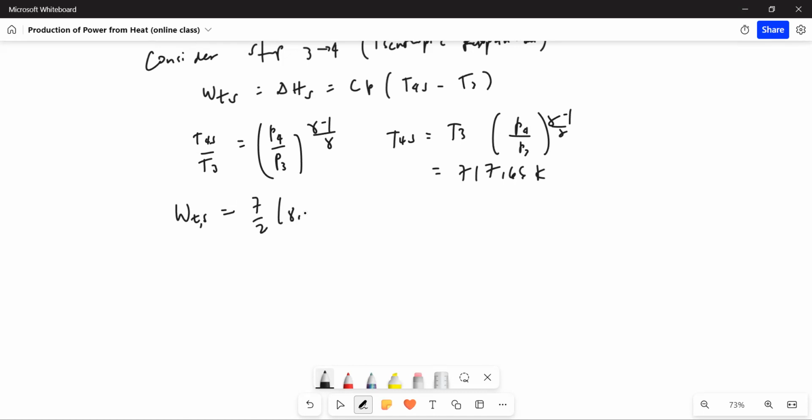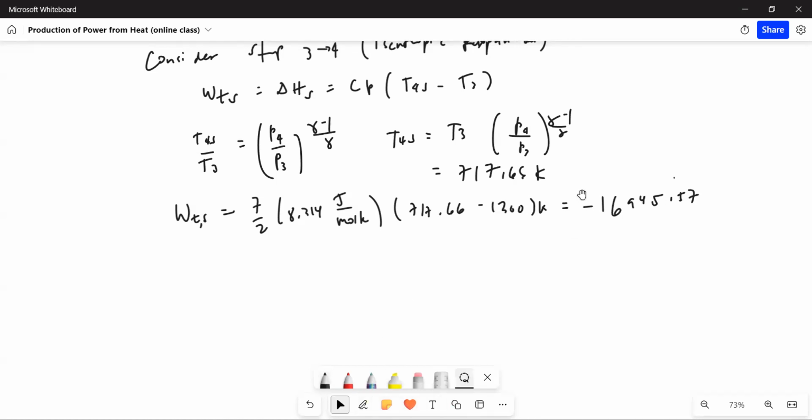Substitute Cp, 8.314, and delta T, 717.66 minus 1300 Kelvin, and we will get a negative value because it's work produced by the turbine, or work done by the system: 16945.57. Let's write that again.